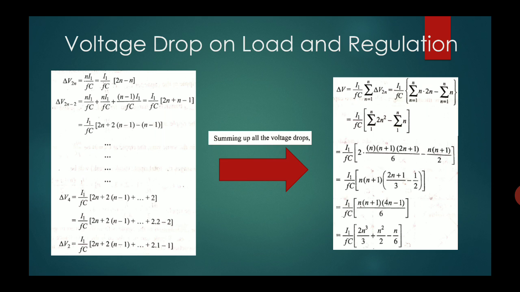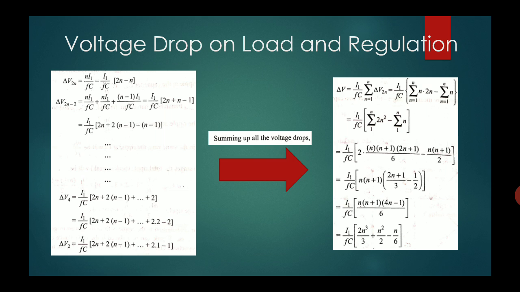So at the end, you have I1 by Fc (2n cube by 3 plus n square by 2 minus n minus 6). So this is the total delta V, or the change in voltage from no load to a full load.